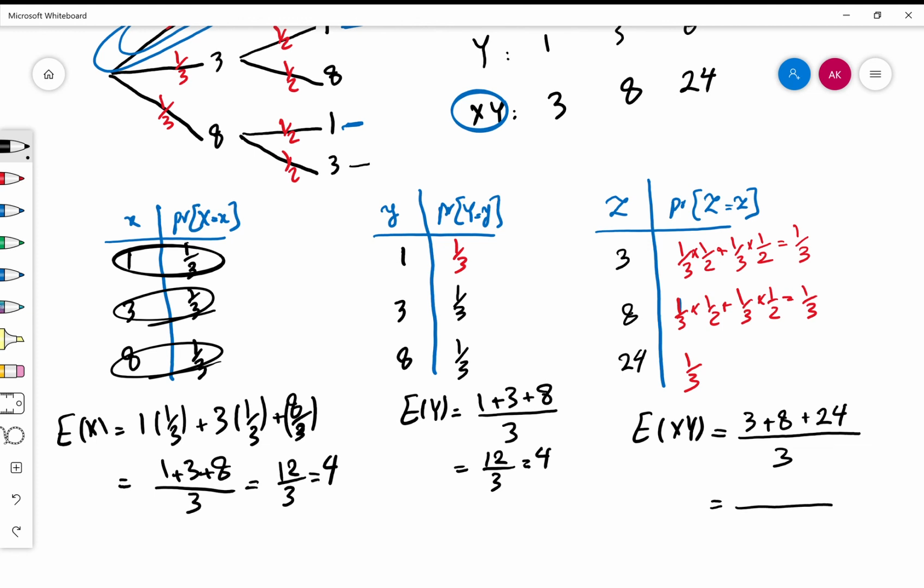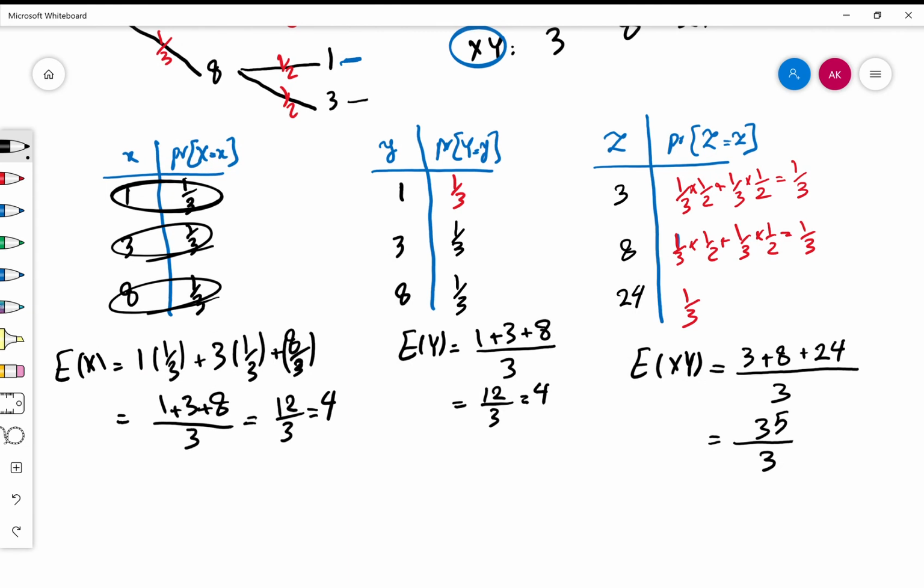If we add these, 3 plus 8 is 11, plus 24 is 35, over 3. Can I simplify? No, I cannot. So I found E[XY], E[X], and E[Y].